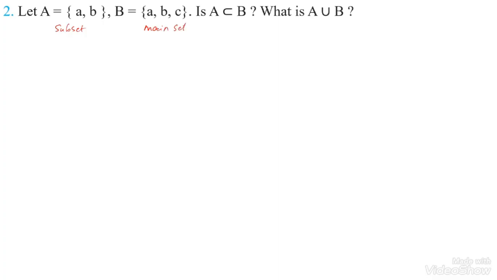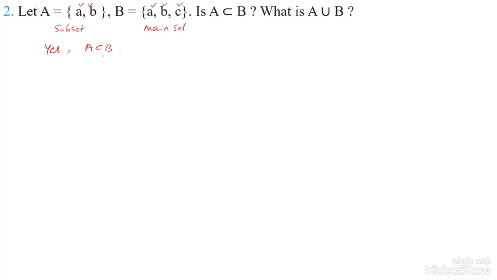According to the definition of subset, we have to take all the elements of B or else less than B. Here elements a, b are there and here also a, b are there. And another element c is also there in the main set. From the main set, I have taken the 2 elements. By using the 2 elements, I will make one set that is called a subset. Therefore, A is a subset of B. Yes. A is a subset of B.